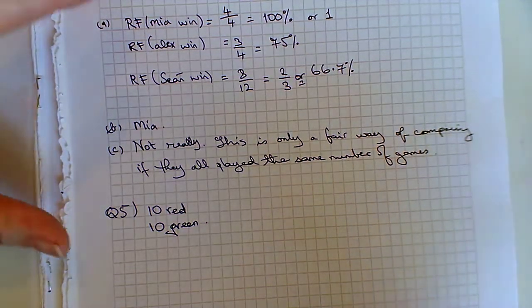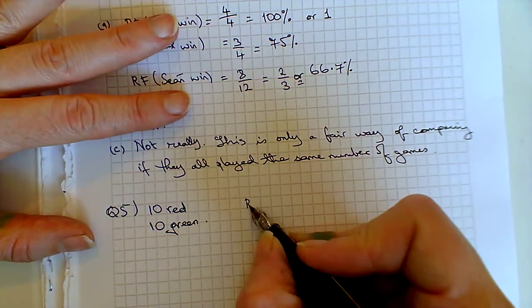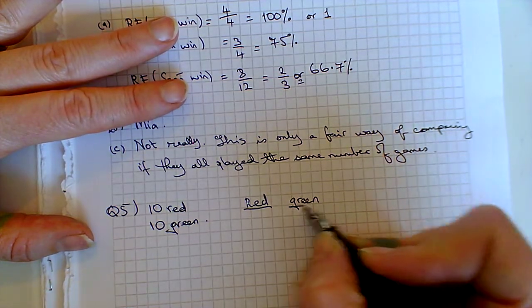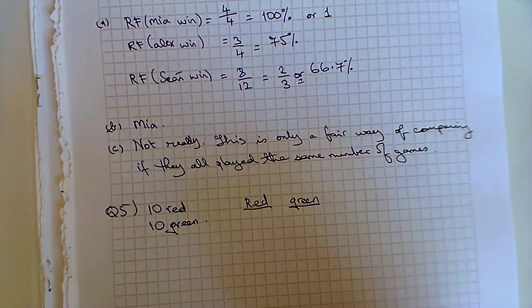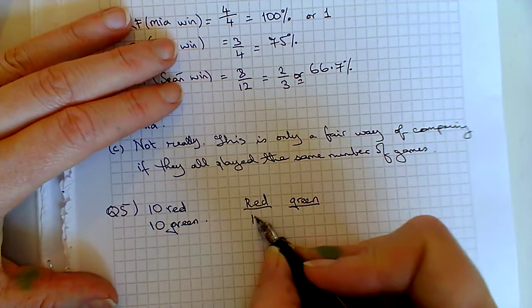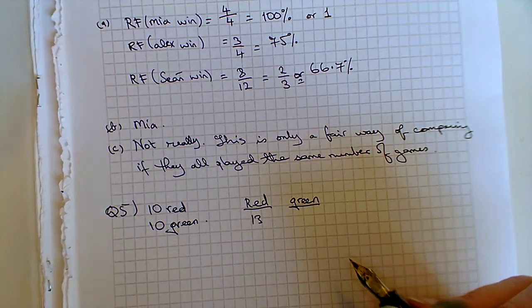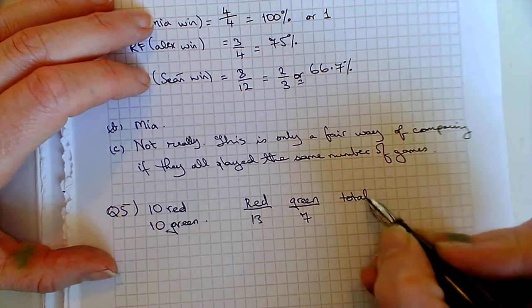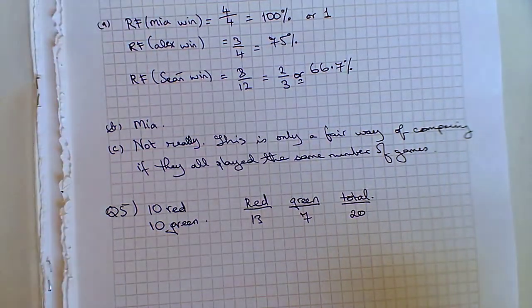I'm going to write down the results, the total just by counting them up from the picture. So there was 1, 2, 3, 4, 5, 6, 7, 8, 9, 10, 11, 12, 13 times she pulled out a red sweet, and 1, 2, 3, 4, 5, 6, 7 times she pulled out a green sweet. So indeed the total was 20 there.